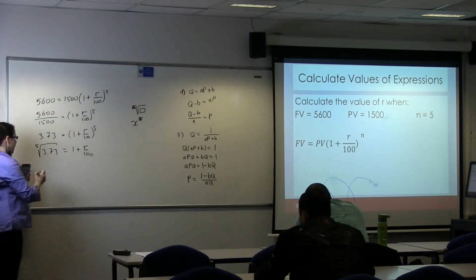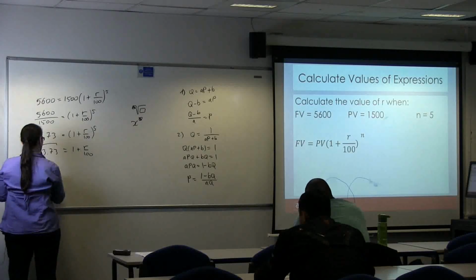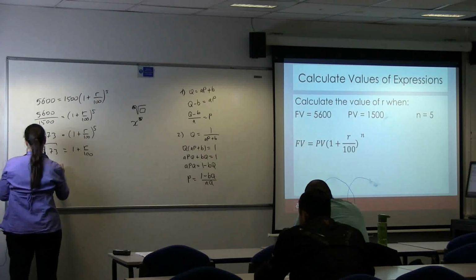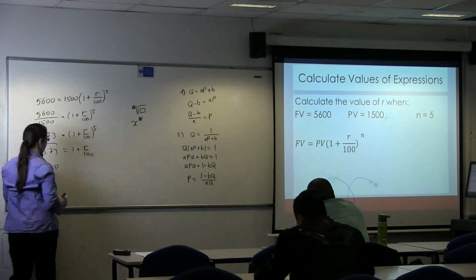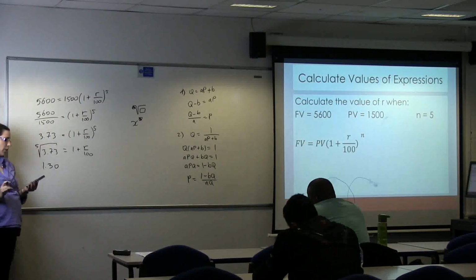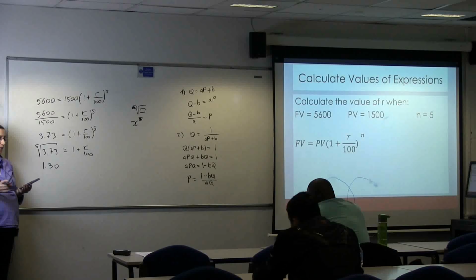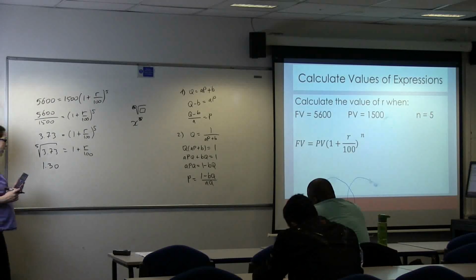And that's going to give me 1.30 to 2 decimal places, because the actual number is 1.30142556.